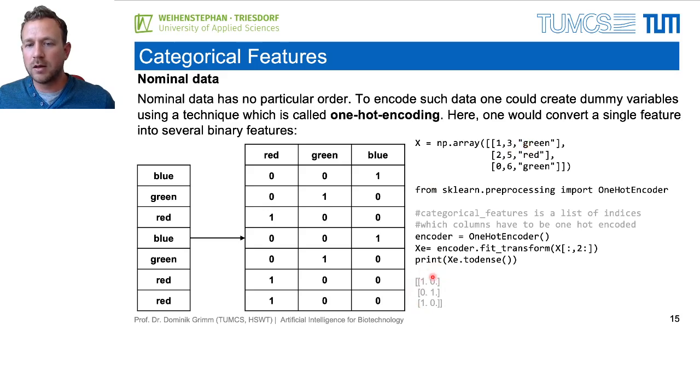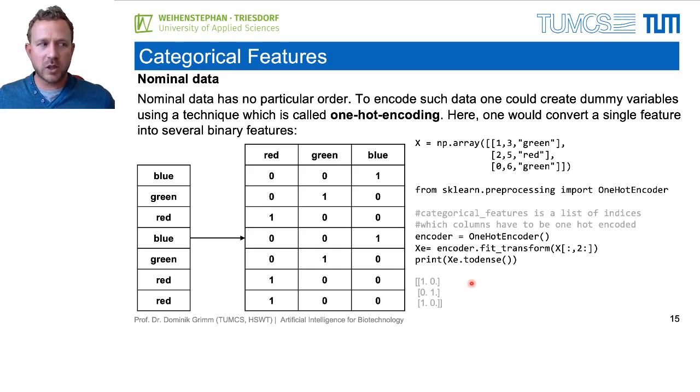It's then green and red, which tells me this sample is green, but it's not red. This sample is not green, but it's red, and so on. So with this, we can then encode our data as well.